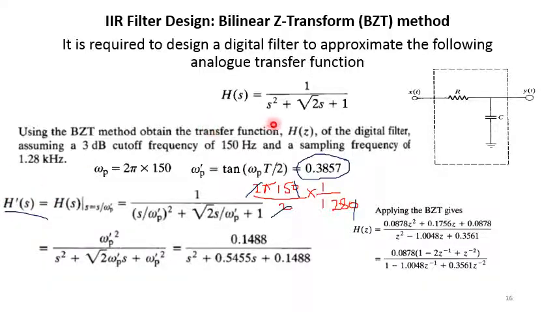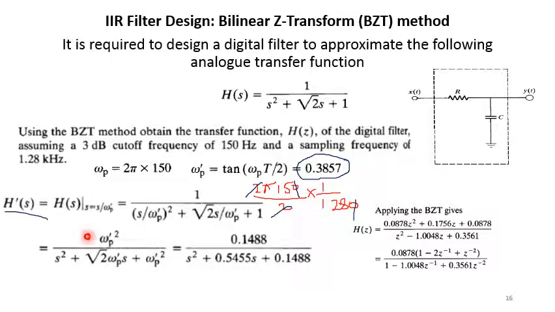Because you are told that this is a low pass filter, in the case of a low pass filter you replace S by S over omega prime P. Quite straightforward: wherever you have S, you replace S by S over omega prime P. On simplification you get omega prime P square over S square plus square root of 2 omega prime P S plus omega prime P square.